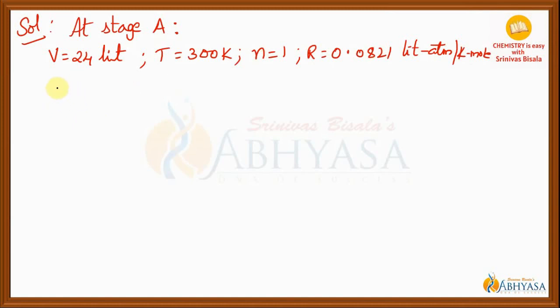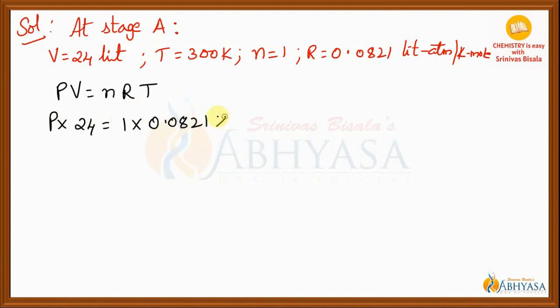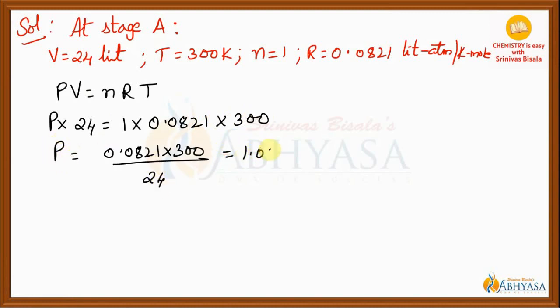From the gaseous state we have the formula PV = nRT. Here we need to calculate pressure. Volume is 24 liters, n is 1, R value is 0.0821 and temperature is 300 Kelvin. Rearrange this, and when you solve this, you will get the value as 1.026 atmospheres. So this is the pressure at stage A.